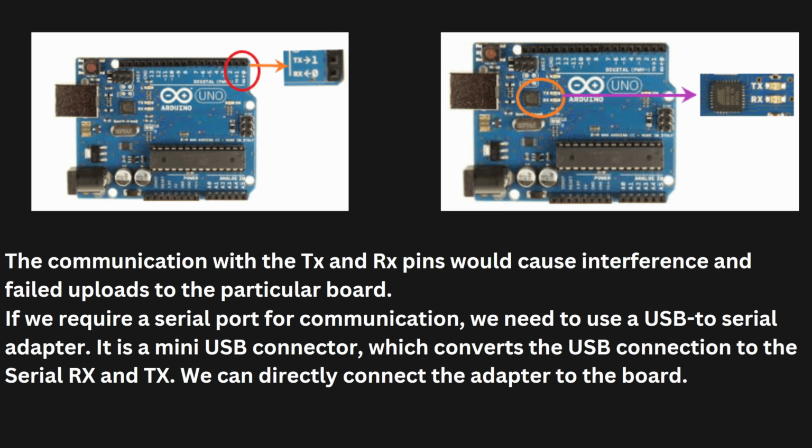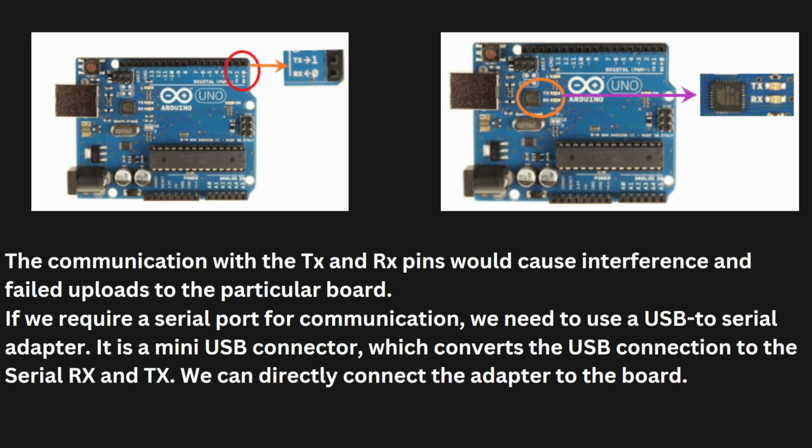That's why we need a USB to serial adapter, which will act as a serial port for the communication, which converts the code into the microcontroller understandable language and burns it to the board. But that again uses the same chip, but here there will be no noise, and we'll be able to communicate with the board directly through this adapter.